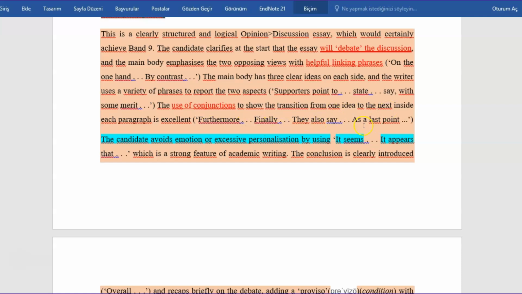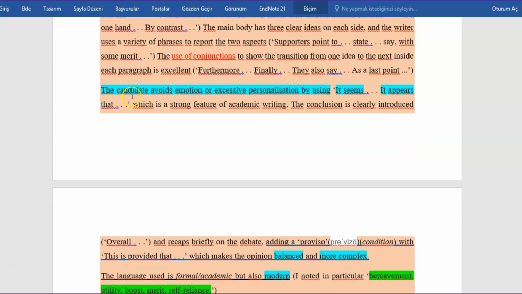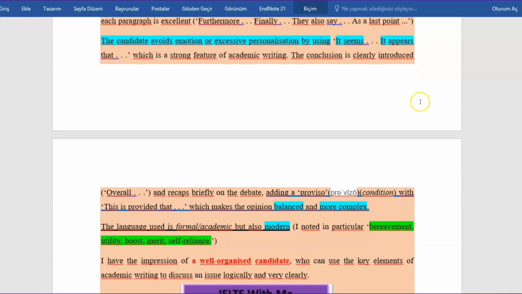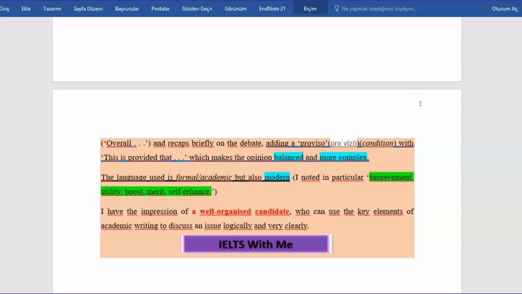They also say as a last point, and also, the candidate avoids emotion or excessive personalization by using it seems that, it appears that, using impersonal style, and also by adding a proviso, right, a condition with, actually, this is provided that, which makes the opinion balanced and more complex and not one-sided.